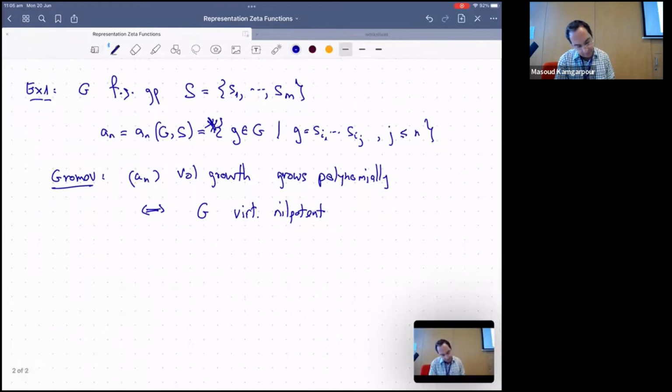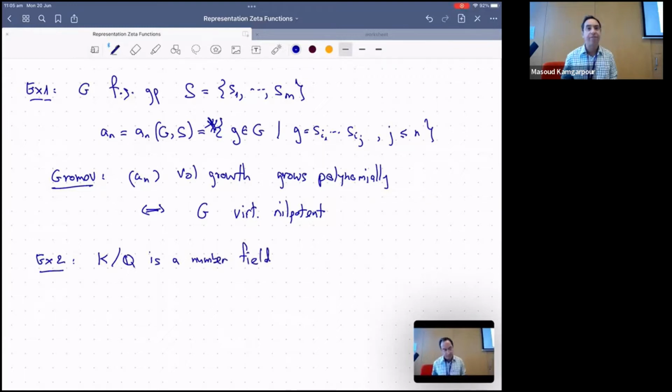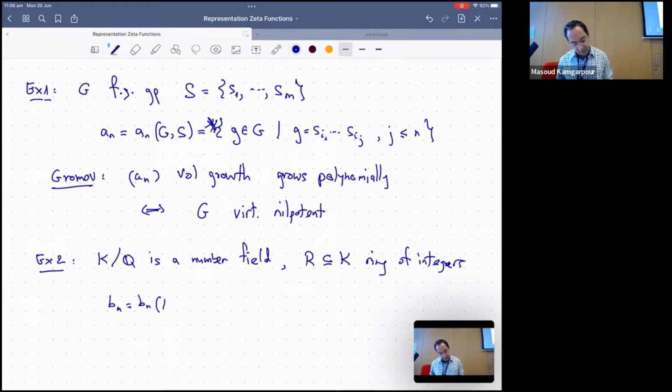Another example, which I will talk about in more detail, but I already want to write it here, is that if K over Q is a number field, so that's just a finite extension of Q, and if we take R to be the ring of integers, then let's define the sequence B_n, which depends on R, of the number of ideals in R such that the index of the ideal is n.